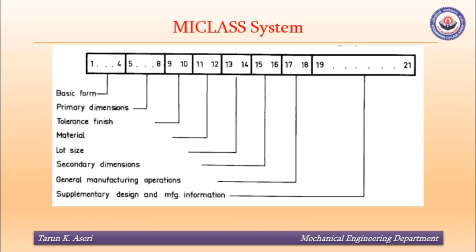This slide shows the first 12 digits plus some secondary digits also. The first 4 give you the basic form, the next 4 the primary dimensions, then the next 2 give you the tolerance, finish and kind of material, and further the lot size, secondary dimension, general manufacturing operation, and supplementary design and manufacturing information.